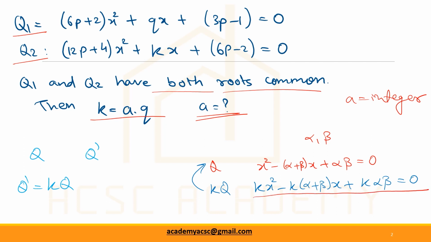If you take the sum of the roots, it is still K times (alpha plus beta) upon K, which is nothing but alpha plus beta. Similarly, the product is K times alpha beta upon K. So both Q and Q dash will have the same roots, and still they are not the same quadratic but equivalent quadratics.